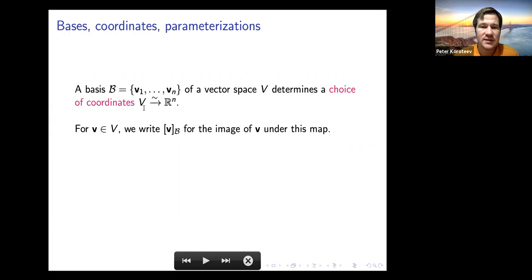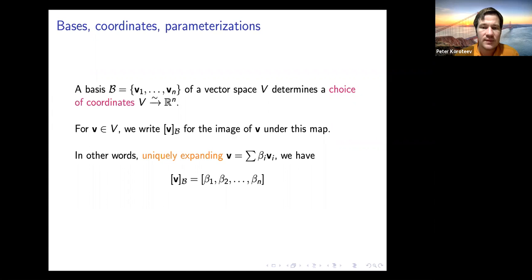It's, if you wish, the order number of that vector in the basis. By uniquely expanding it like this, we get these coefficients, which appear in the linear combination.